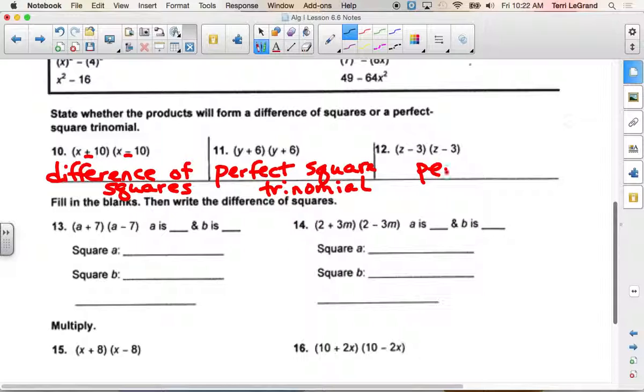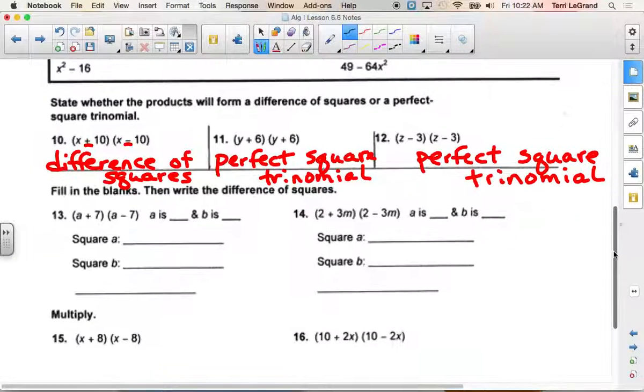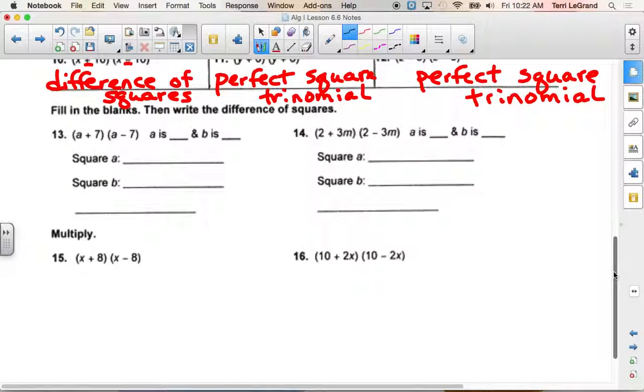It's a binomial times itself. So the first thing you want to do is recognize, do I have a binomial times itself? Then I'll know I have two different models. If I don't have a binomial times itself, does it still have the same terms, but one addition and the other one subtraction?